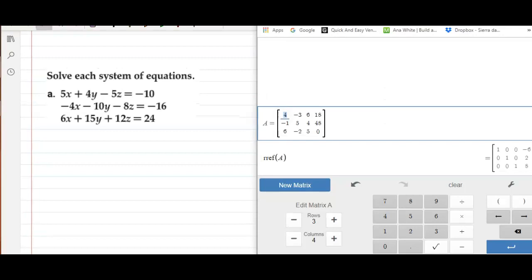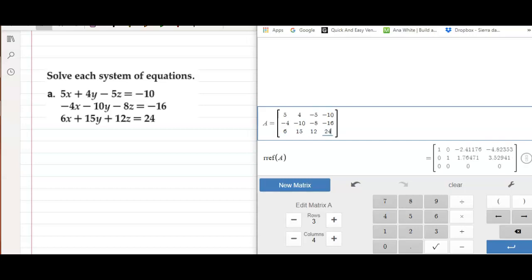In our matrix, we have 5x, 4y, negative 5z equals negative 10. Negative 4x, negative 10y, negative 8z equals negative 16. 6x, 15y, 12z equals 24.